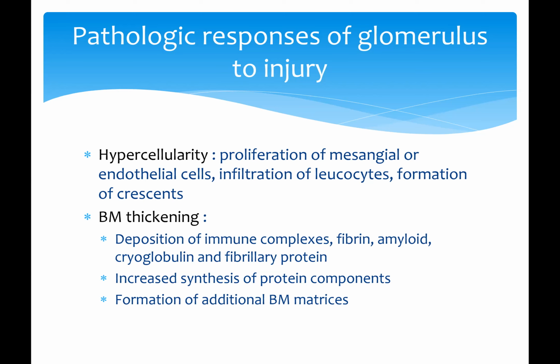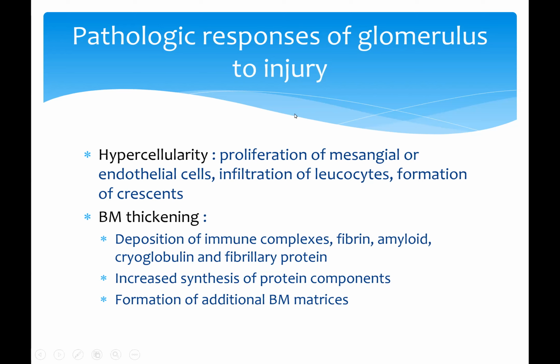I will show you typical examples later. So for now, bear in mind that when you say hypercellularity, it may take the form of proliferation of mesangial cells, endothelial cells, or epithelial cells. For the epithelial cells, once they are the ones proliferating, it leads to formation of crescents.